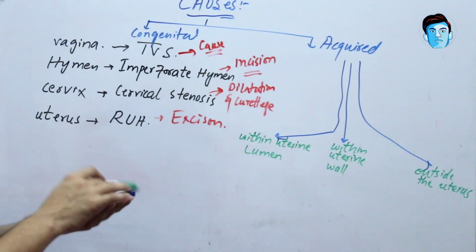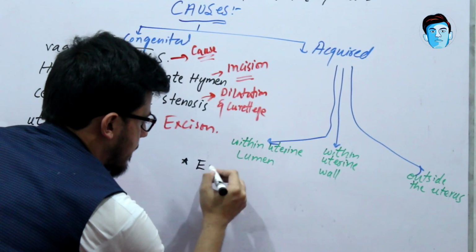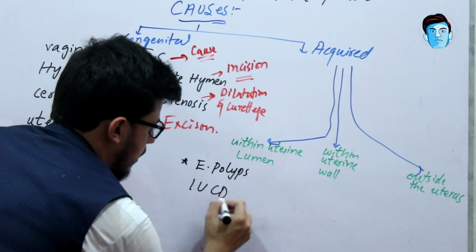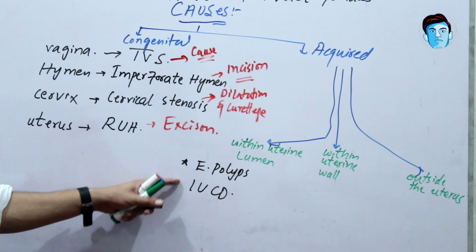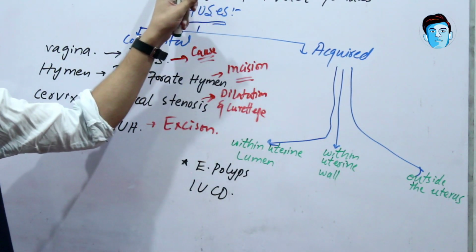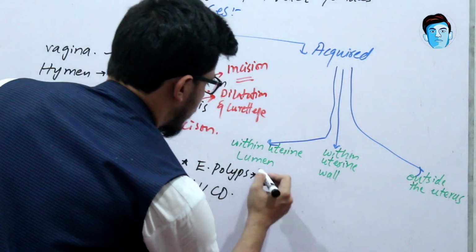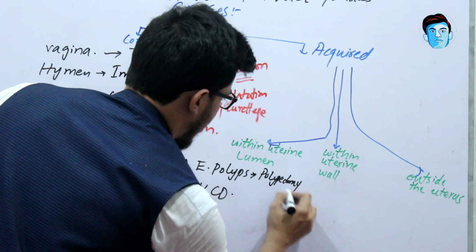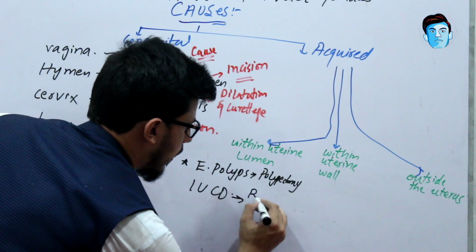So within the uterine lumen, the conditions are endometrial polyps and intrauterine contraceptive devices. These are acquired causes for the secondary dysmenorrhea. Often the endometrial polyp is treated with polypectomy, while intrauterine contraceptive devices are treated by removal.